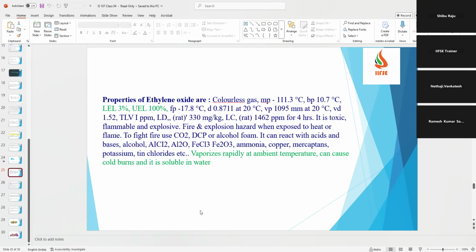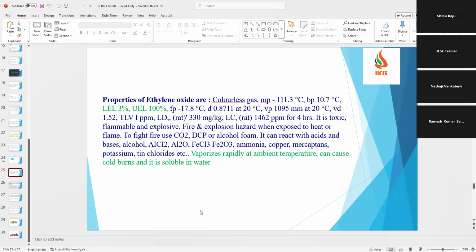Flash point is minus 7, density is 0.8 at 20 degrees centigrade, and vapor density is 0.95 at 20 degrees centigrade. It means at normal temperatures also it can evaporate. TLV is 1 ppm, and LD50 is 330 milligrams per kilo of animal.